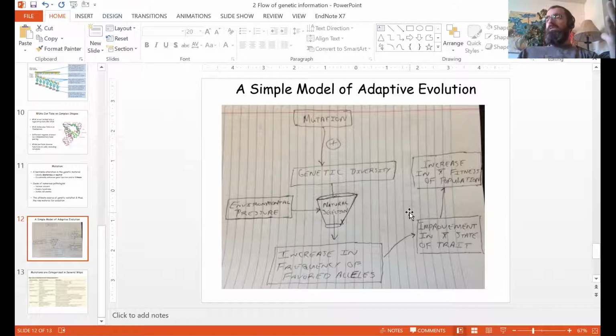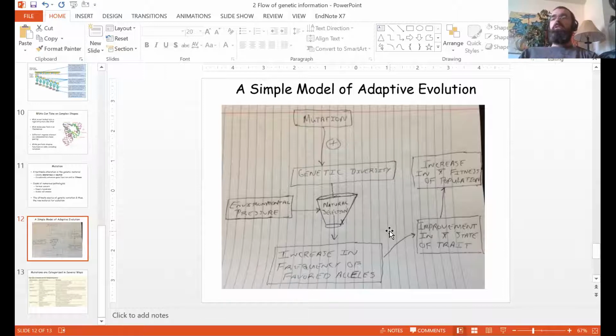Now, obviously, we're not all foraging around for grubs and beetles and getting eaten by saber-toothed tigers. But essentially, that genetic diversity is going to be acted upon by natural selection, right? Natural selection can be thought of as a funnel.